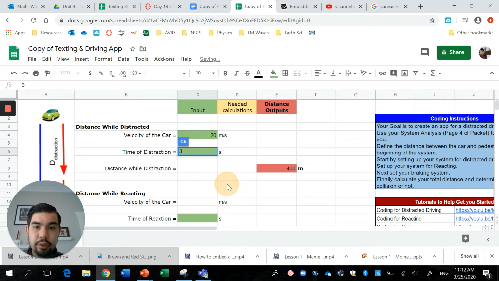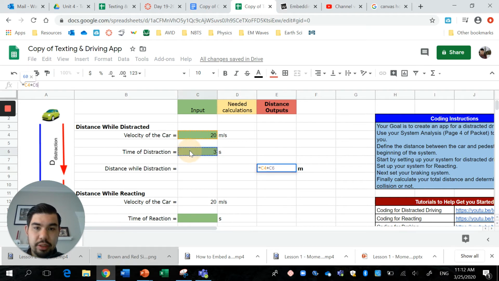All right, so like we said, we're still moving with constant velocity. So instead of just typing in 20, I'm going to type in equal sign, whatever this initial velocity is. I see I'm getting the wrong number there.